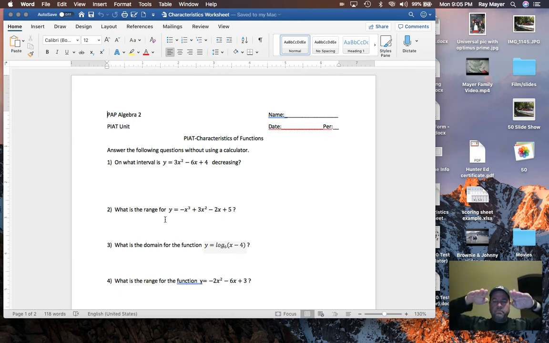The period is how long it takes to get through one cycle. It's normally 2 pi for sine and cosine, and normally pi for tangent. If it's 2 out there, then it's going to go twice as fast. If it's 1/2, it's going to go twice as slow, so it takes longer to get through it.